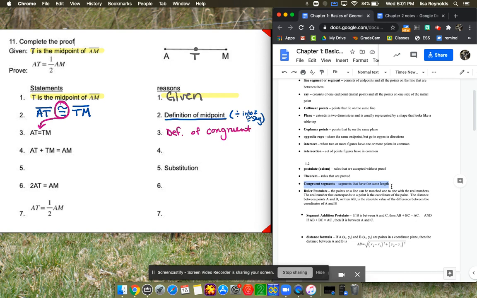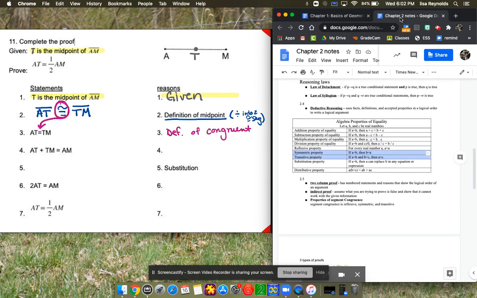Problem or statement 4 is one of our more challenging pieces. I suddenly have an addition problem. So I start looking at my addition things. And when I have addition, there's really 3 pieces that I look at. I look at the addition property.